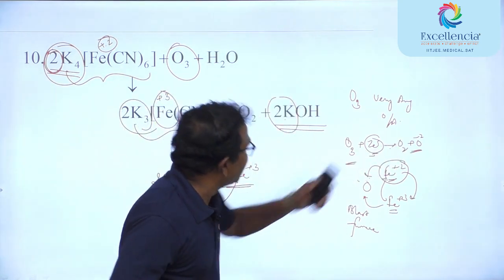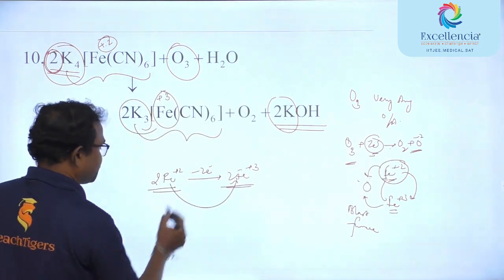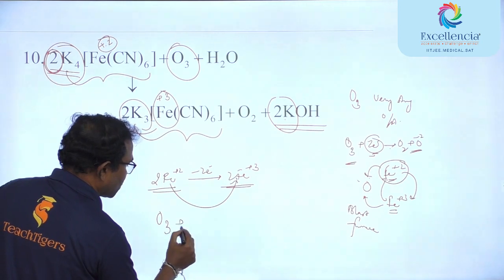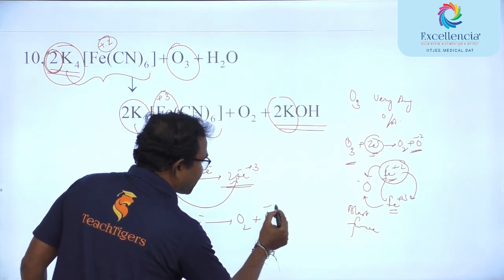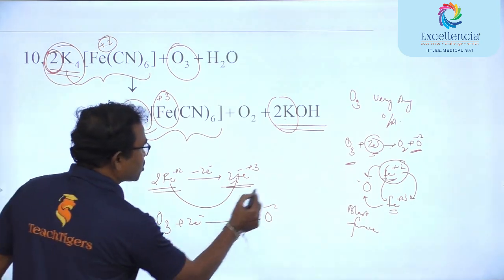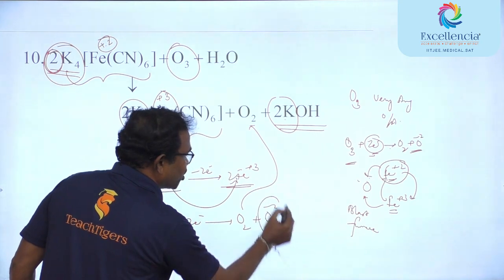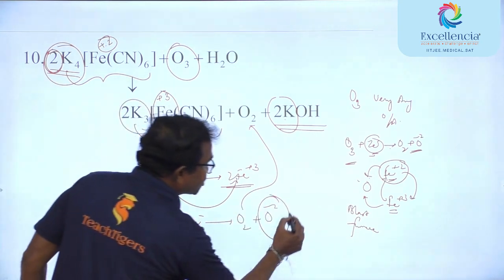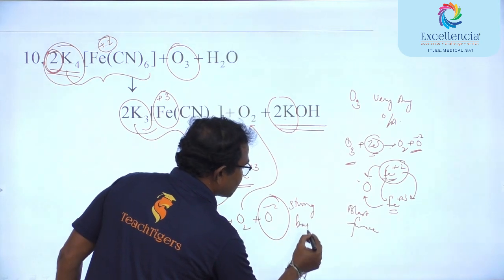If you look at the same reaction, ozone is accepting 2 moles of electrons to give you O2 plus oxide, and this is the source of O2. Now we don't see this oxide. Oxide is a strong base.